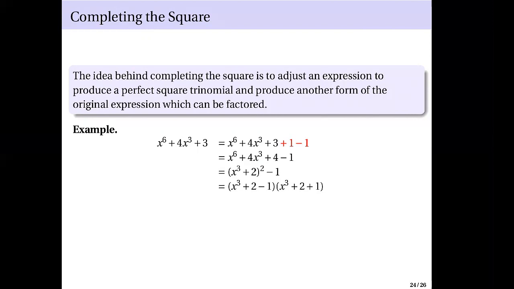Let me write it here. x squared minus a squared is equal to x minus a times x plus a. So we are just writing that, minus 1 and then the plus 1. And then we simplify. We will end up with x cubed plus 1 and then x cubed plus 3.